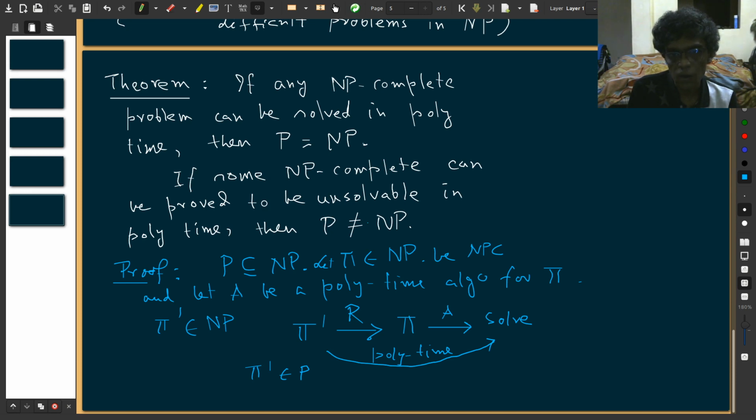So NP cannot be equal to P. This is more or less trivial. Fine. So this is why NP-complete problems play a very important role in the study of the P equal to NP question.